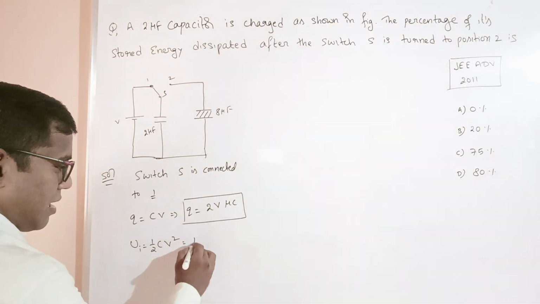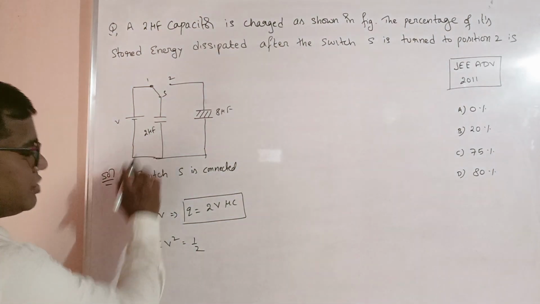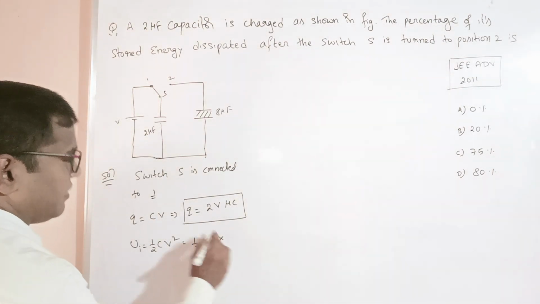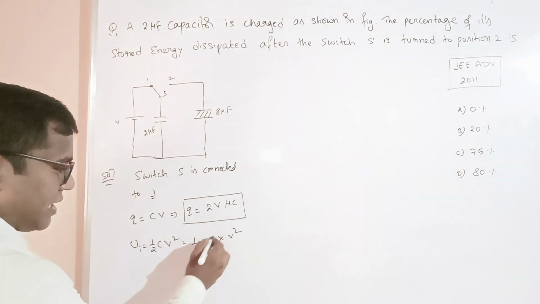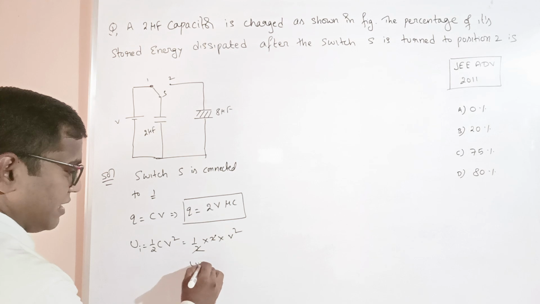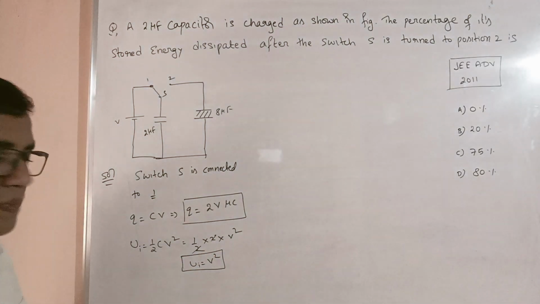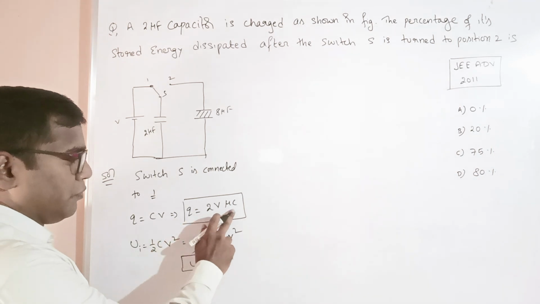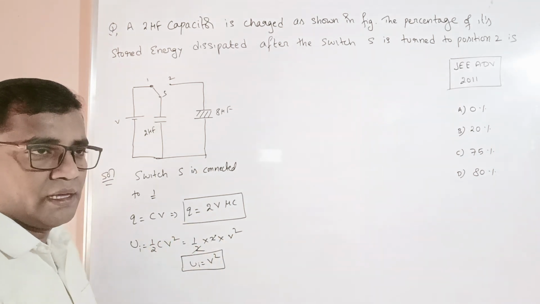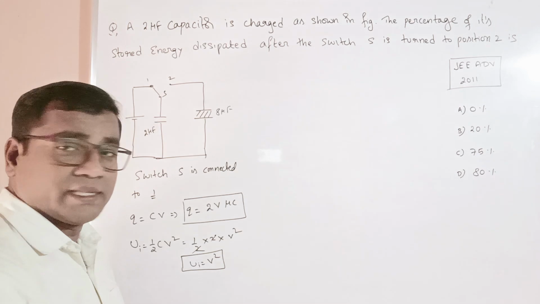Half of C, which is 2, times V square, so the 2 cancels. So the initial energy is V square. The charge stored in the capacitor is 2V μC and the initial energy of the capacitor is V square.